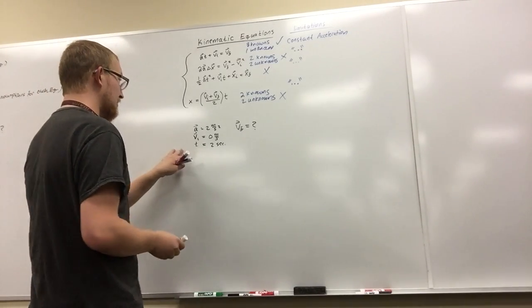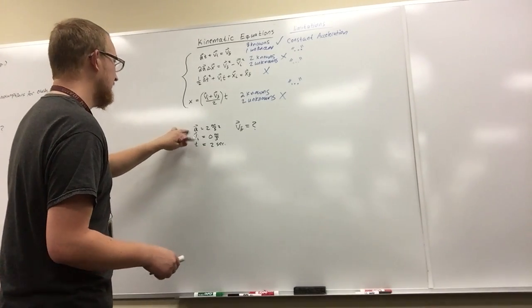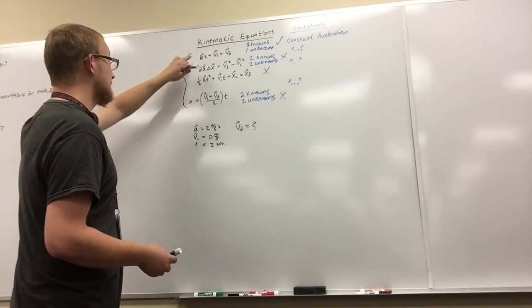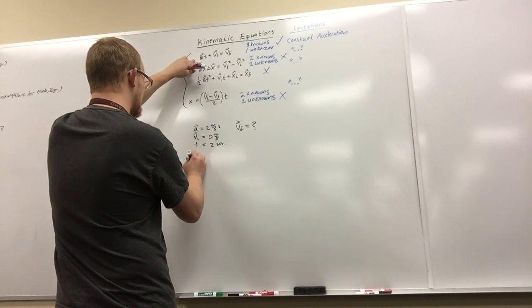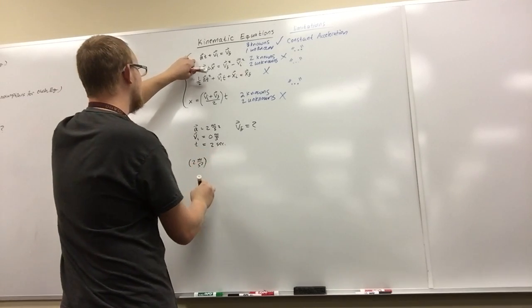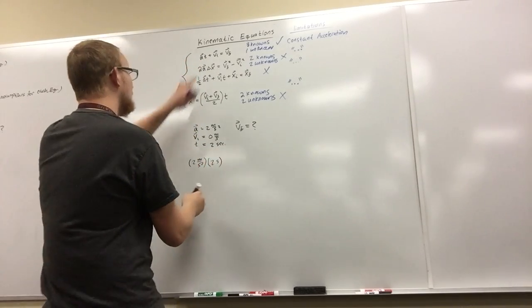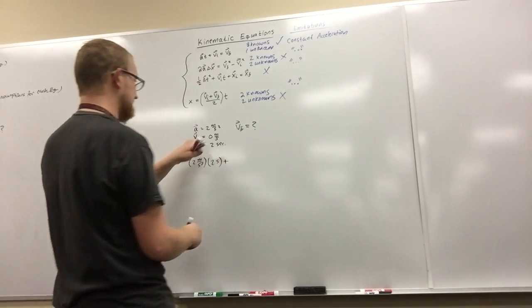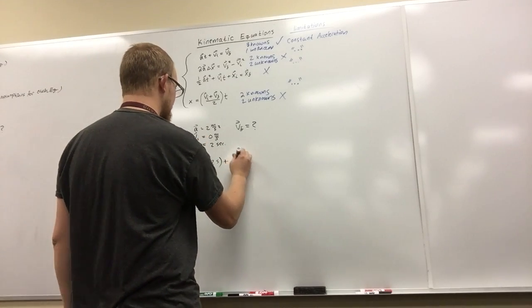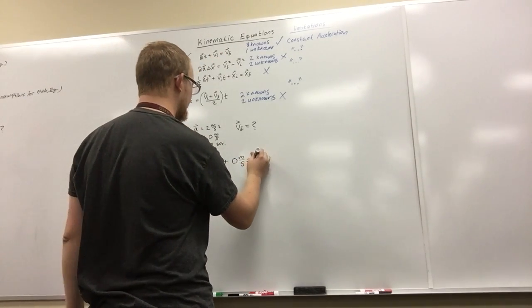So this is pretty much just plug and chug at this point. We've figured out what equation we want to use, and now we're going to plug in our values. So acceleration, 2 meters per second squared, times time, which is 2 seconds, plus the initial, which is 0 meters per second, equals V final.